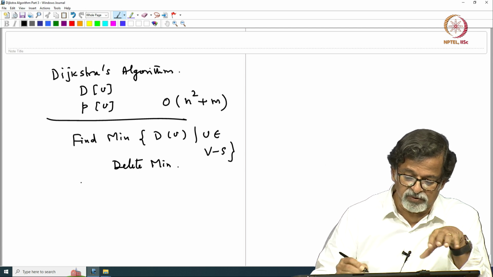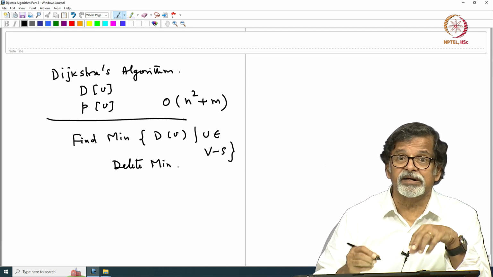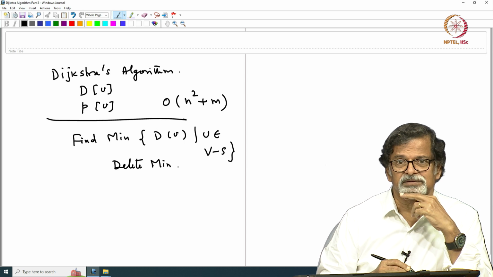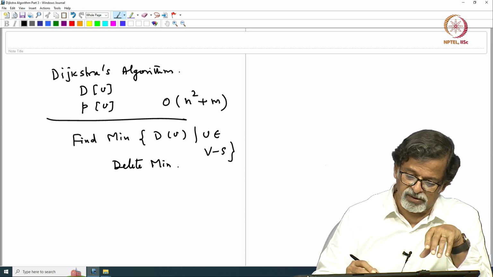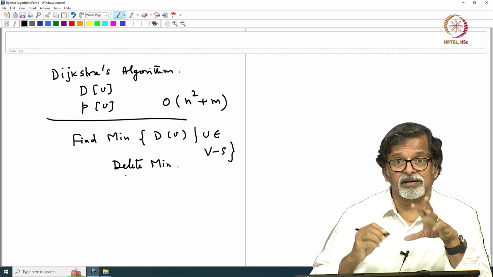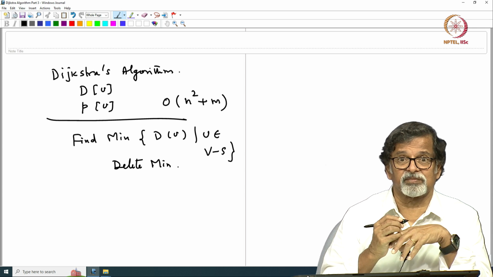We are going to find a min, and we are going to delete the min. These two we are doing on the D vector of values.